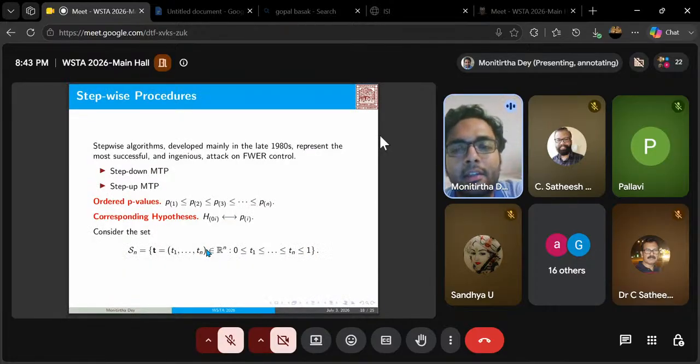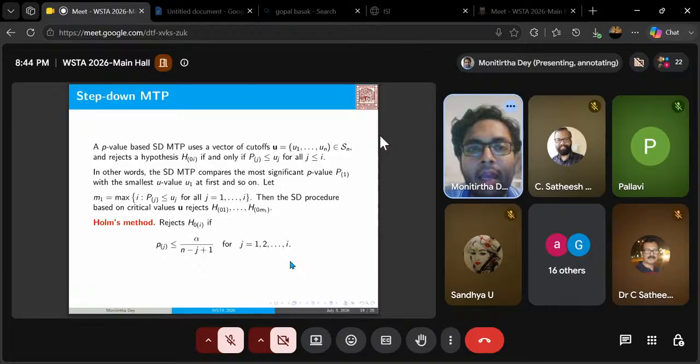Now we move to a separate class of multiple testing procedures which are more powerful and which often are more rejective. At first we order the p-values, p_(1) up to p_(n), and denote the corresponding null hypotheses as H_(1) up to H_(n). We consider this set, S_n, the set of all n-tuples in R^n such that the first element is less than the second element, which is less than the third, and so on.